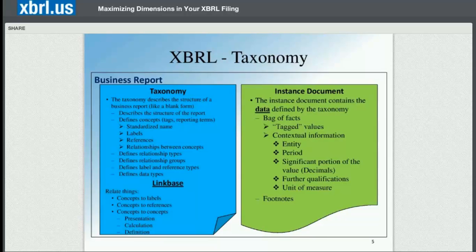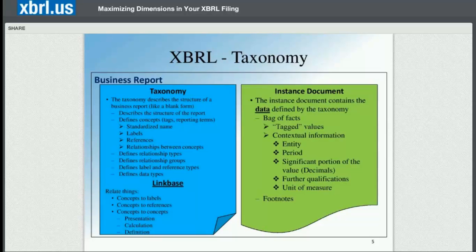From a concept-to-concept relationship, most, if not all of us, are familiar with the three link bases that we create in all our filings: presentation, calculation, and definition link bases. The presentation link base is where you provide the order of elements. It's primarily for rendering purposes, that is, human-readable formats of your XBRL-formatted reported information. The calculation link base establishes the summation relationship between elements.